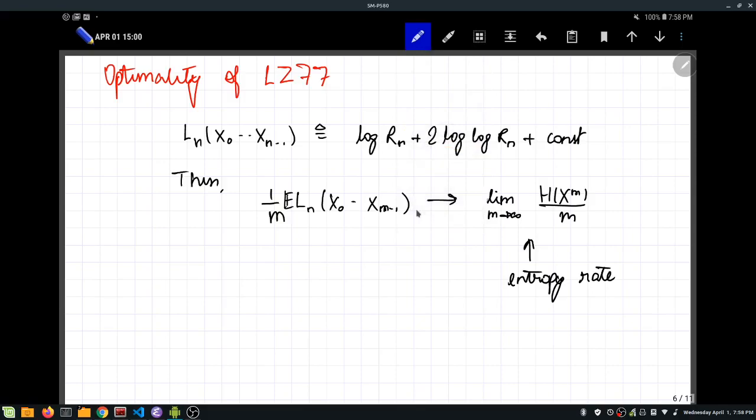This is basically the number of bits that are required to encode the distance to the closest match.